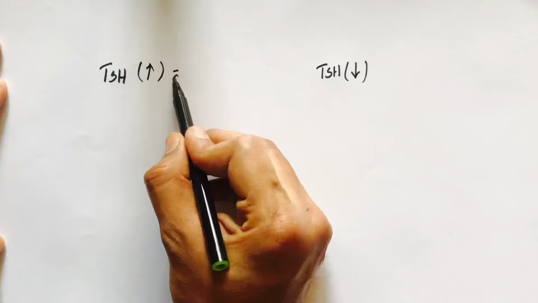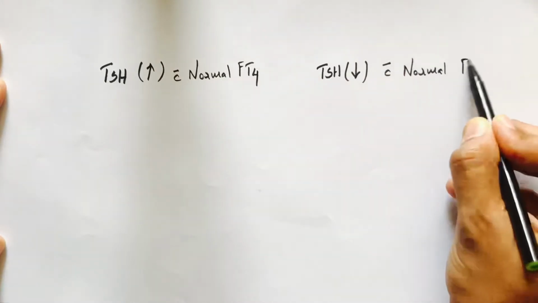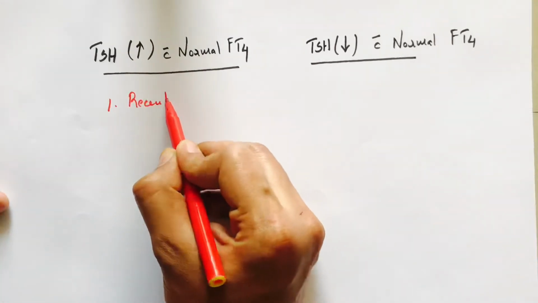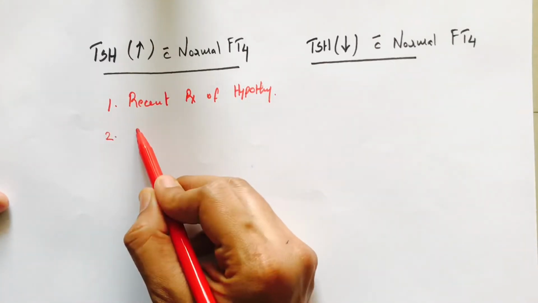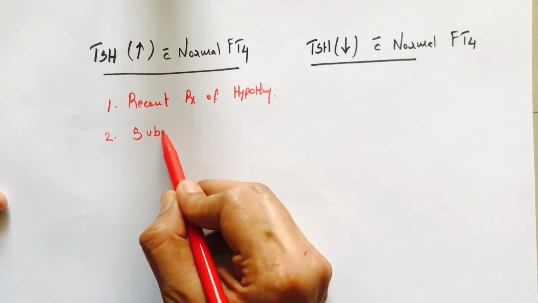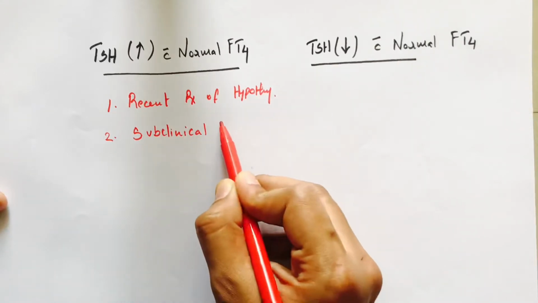So there are conditions with increased TSH with normal T4 and decreased TSH with normal T4. Here, where the TSH is more with normal free T4, the conditions are recent treatment of hypothyroidism, subclinical hyperthyroidism.